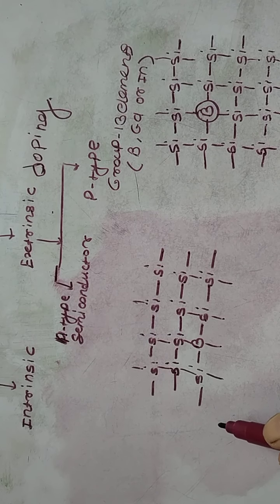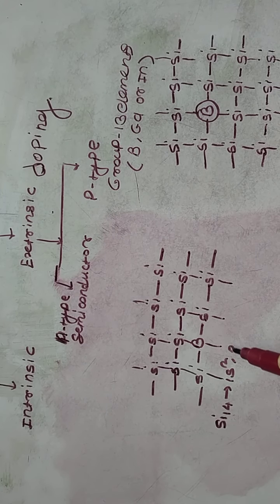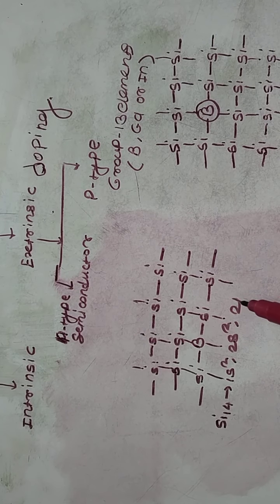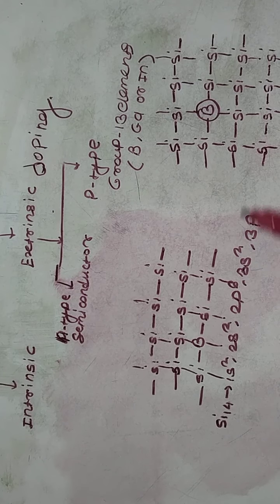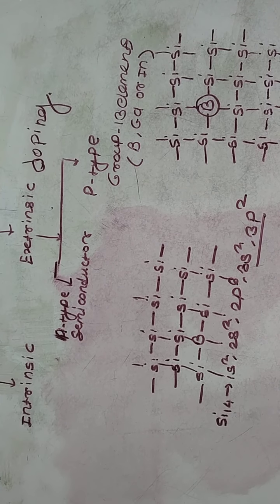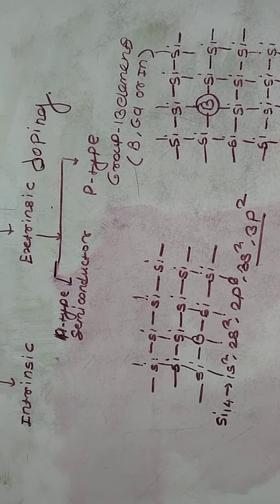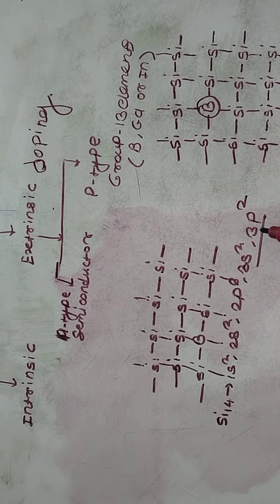That means what? You know that silicon's atomic number is 14 and its electronic configuration is 1s2, 2s2, 2p6, 3s2 and 3p2. There are only 4 electrons in this valence shell.